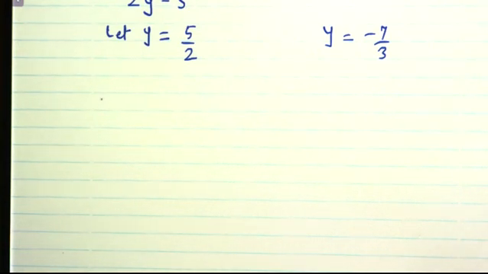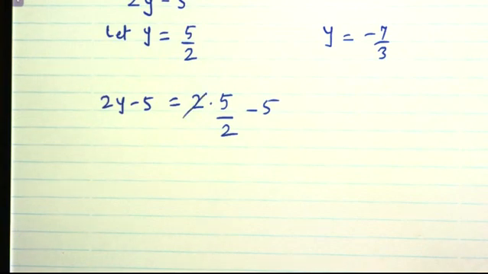So 2y minus 5 is equal to 2 into 5 upon 2 minus 5. Instead of y, we are substituting 5 upon 2. The 2 gets cancelled, it is multiplication, and 5 minus 5 is 0. So the answer of the expression is 0.